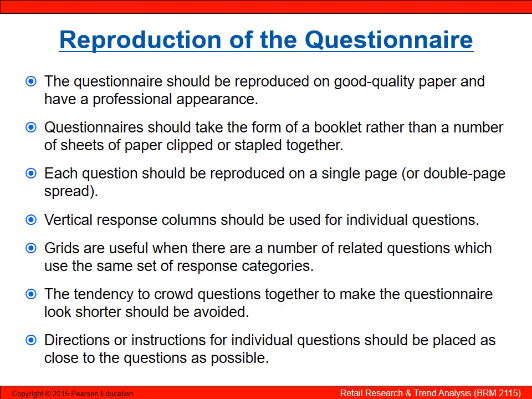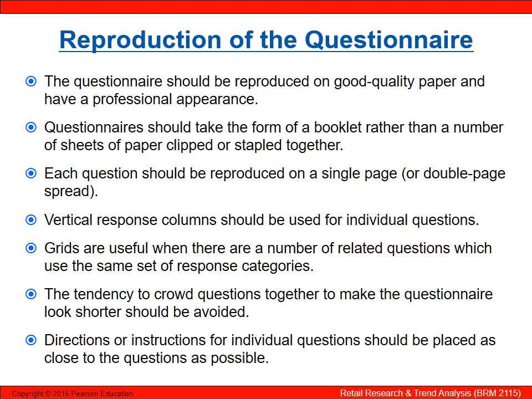Each question should be reproduced on a single page or a double page spread. A researcher should avoid splitting a question, including its response category. A split question can mislead the interviewer or the respondent into thinking that the question has ended at the end of a page. This will result in answers based on incomplete questions.